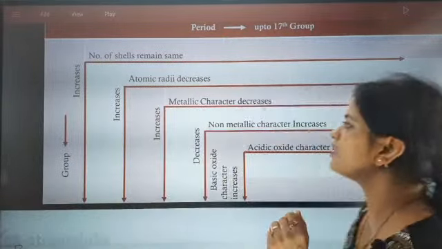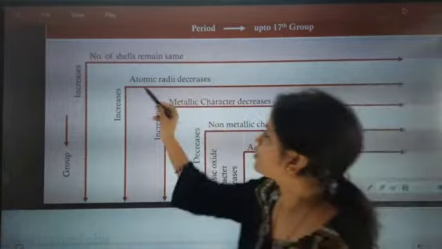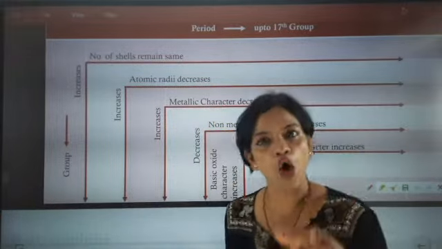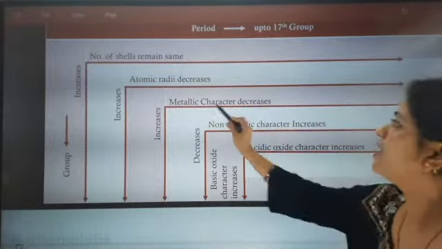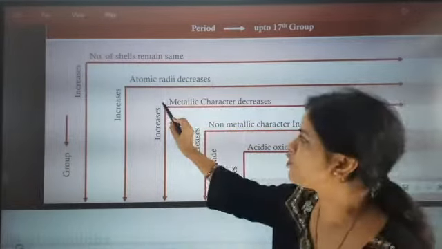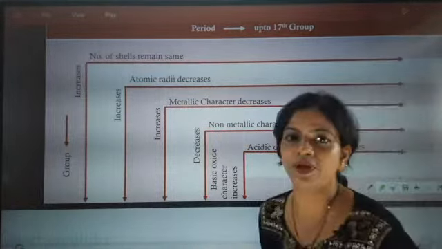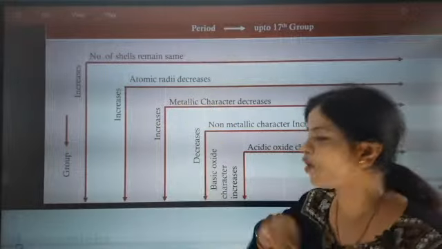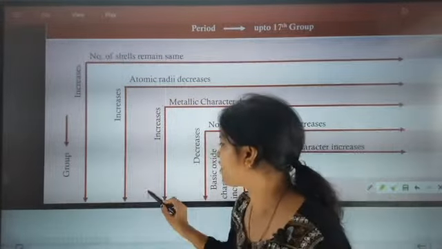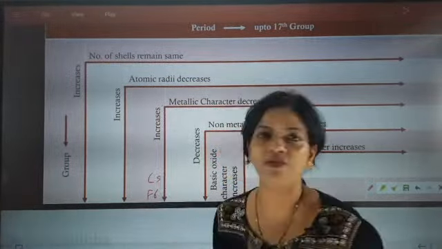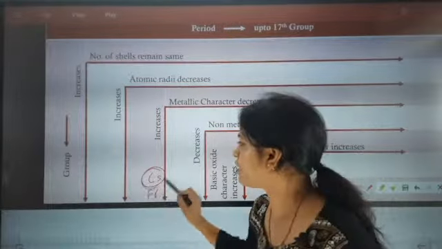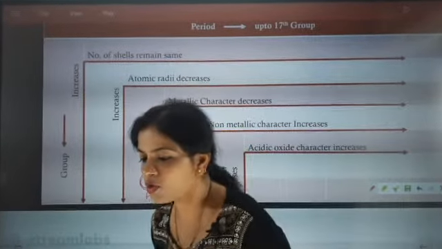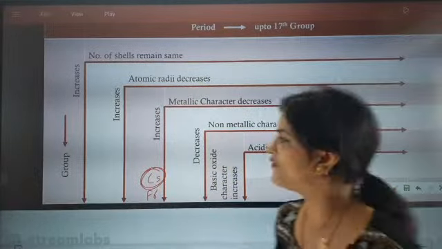So electronegativity increases, but atomic metallic character or electropositivity decreases on going from left to right in the periodic table. On going from top to bottom, francium will be there above cesium, so we are only going to compare up to cesium.